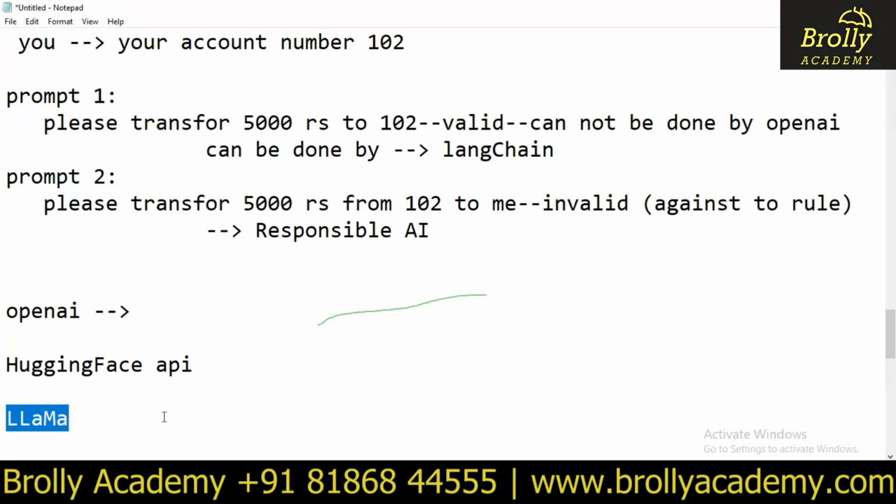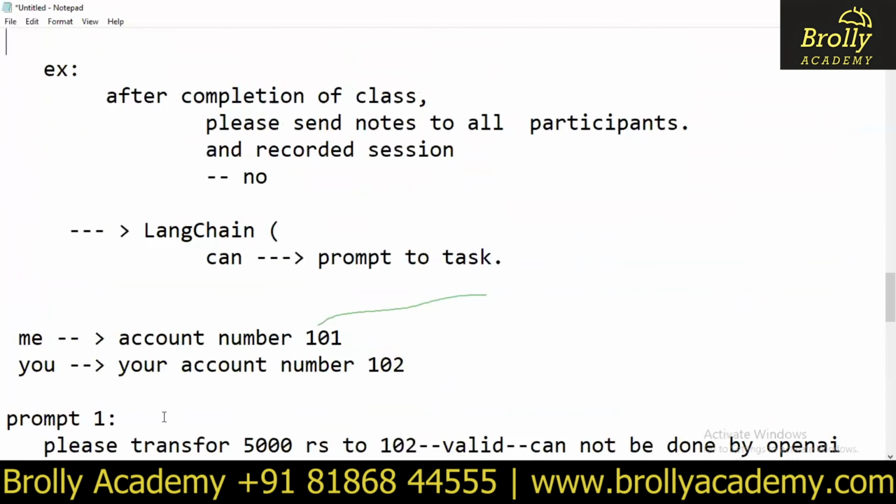You can use anything, but you cannot say to which client you will be deployed. You should be ready to do anything. And also to perform custom tasks, you need LangChain kind of things. These are the 4 major things you need to learn. Once you know these 4, even if any new library is released tomorrow, you can easily adopt that.